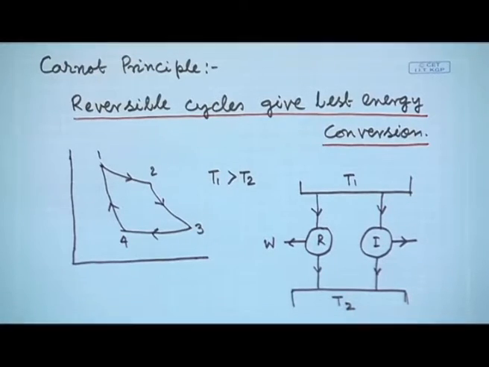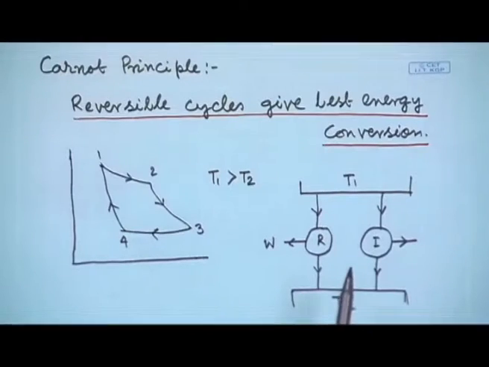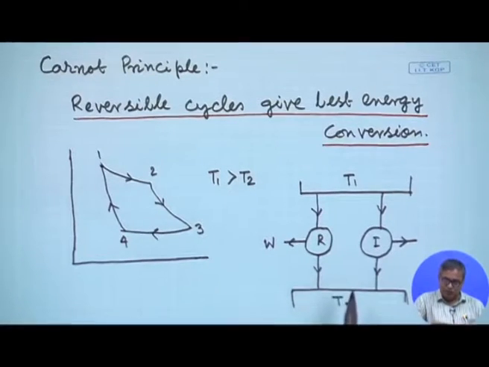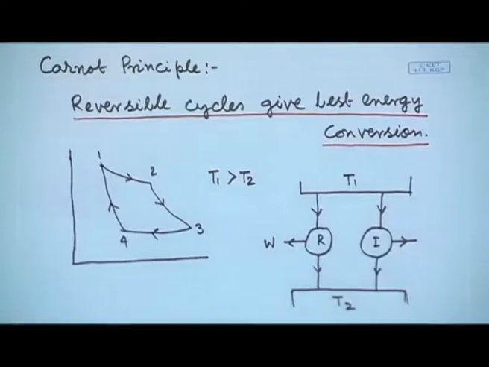If T1 and T2 are given, then we will get the best performance of a cycle working between these two temperatures when it is operating reversibly, and when it is operating reversibly its efficiency is constant, because all the reversible cycles will have the same efficiency. Its efficiency now will depend only on T1 and T2, because only these two things we have specified.